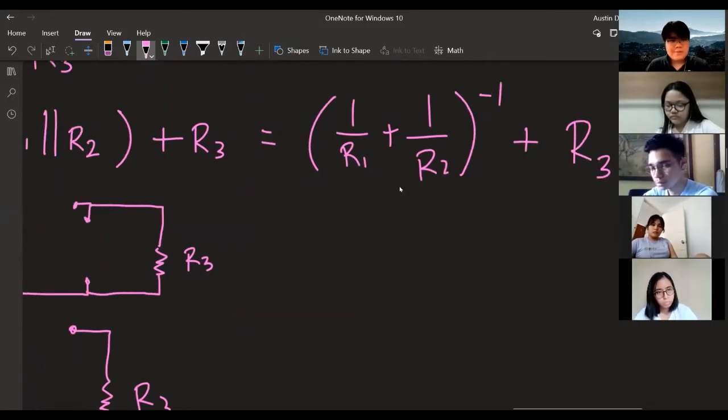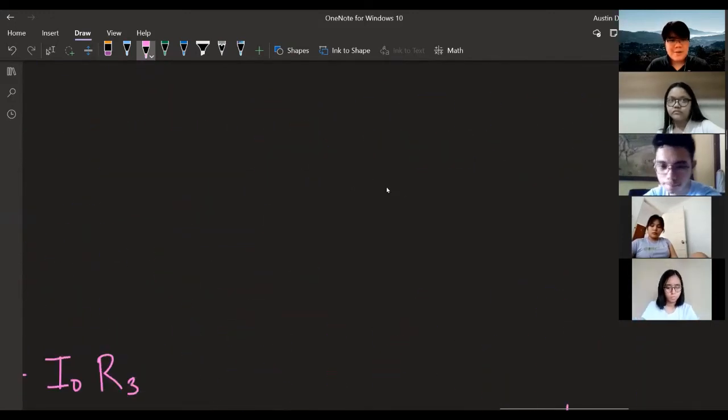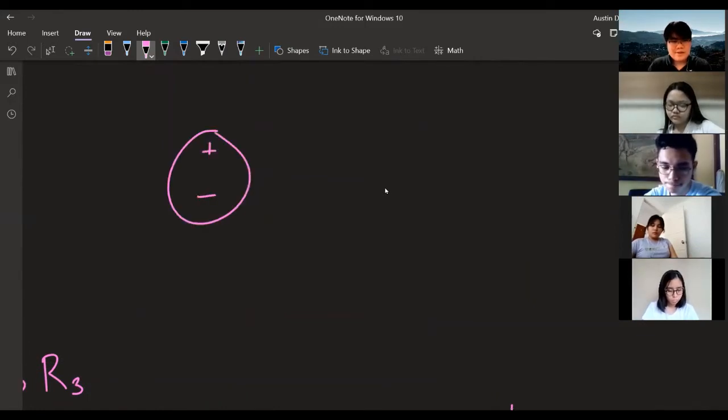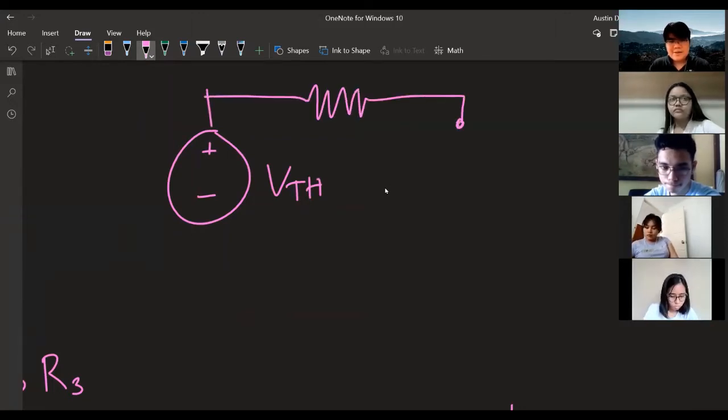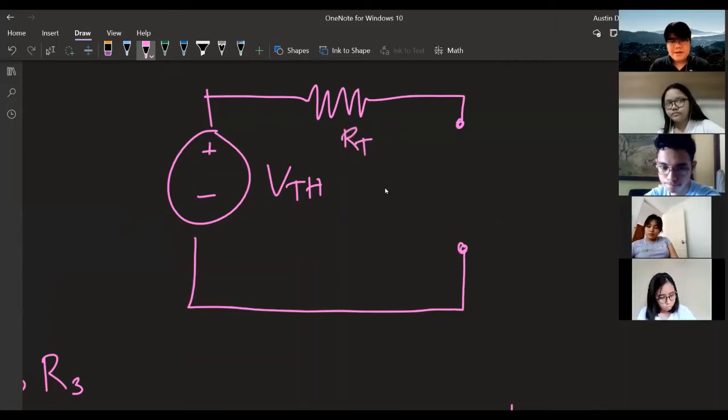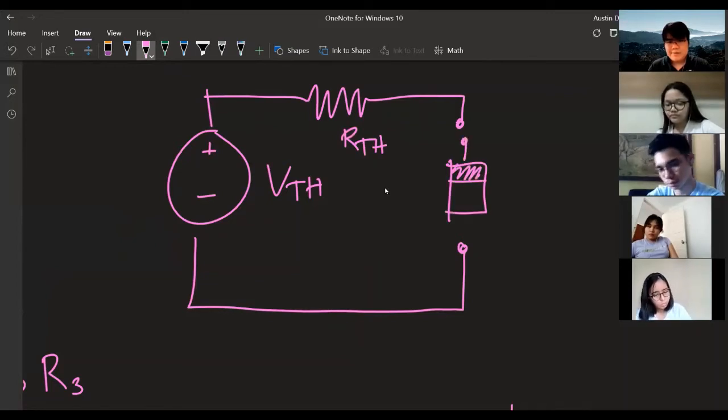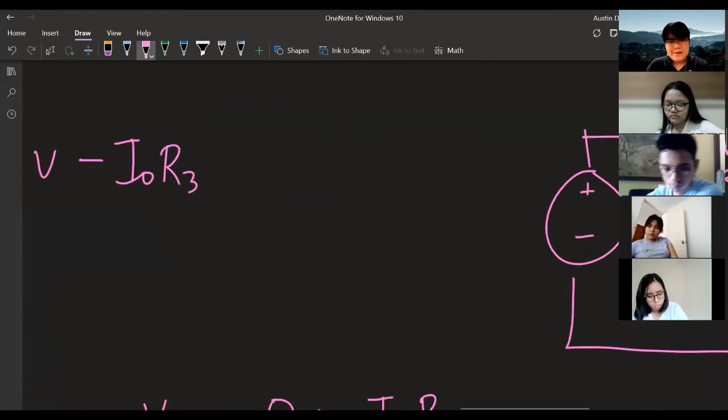And now, babalik na tayo sa Thevenin equivalent circuit mo, which just looks like this. VTH. Okay? So, meron na tayong value for VTH. And then RTH. Tapos saka mo ikakabit si nonlinear resistor mo. Okay? Kabit mo siya dyan. And what does this look like?